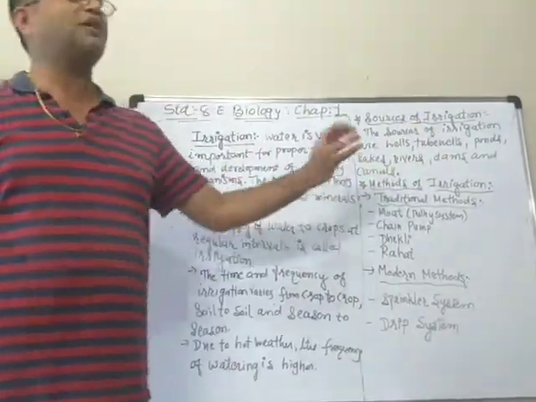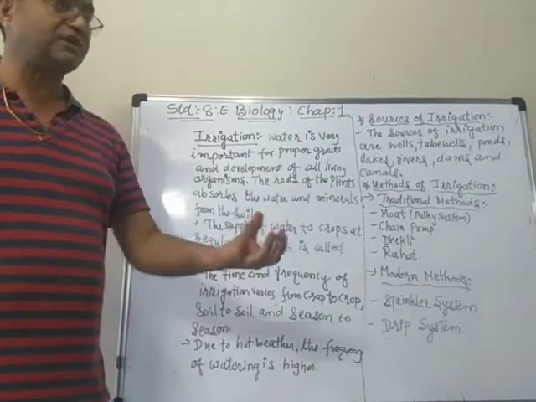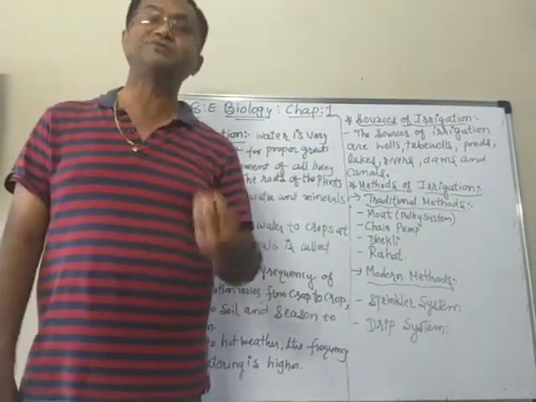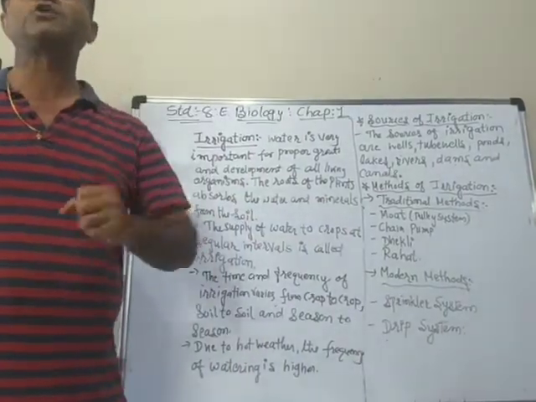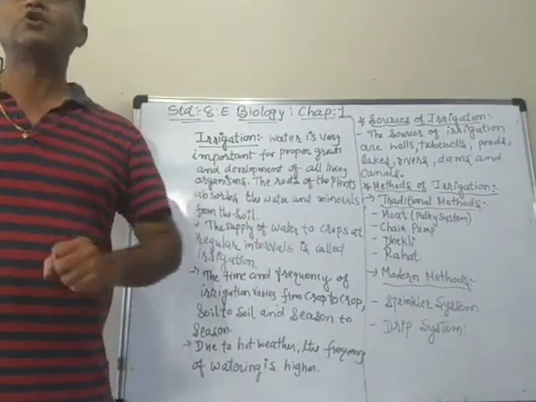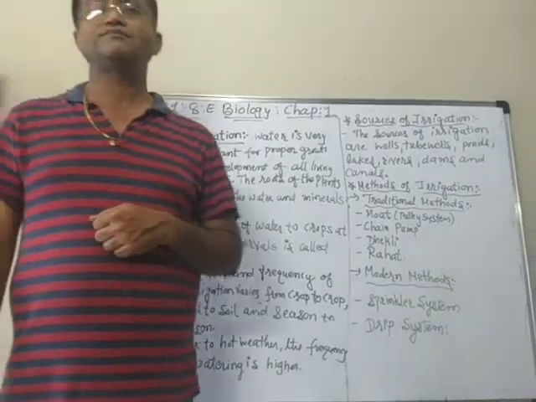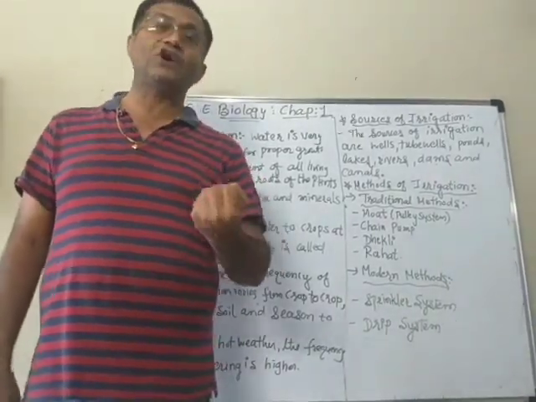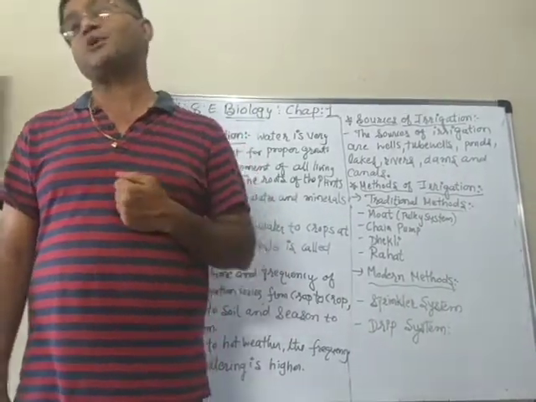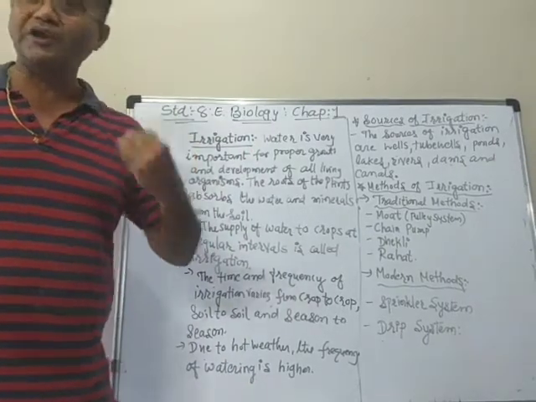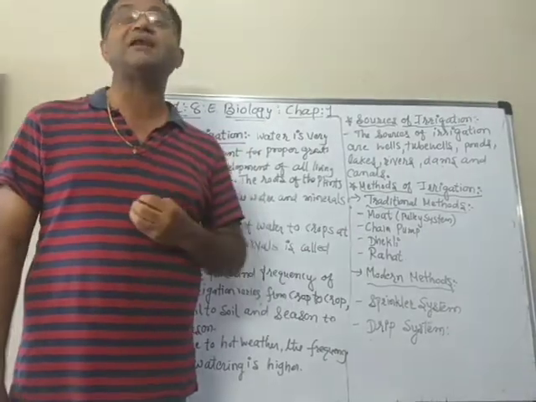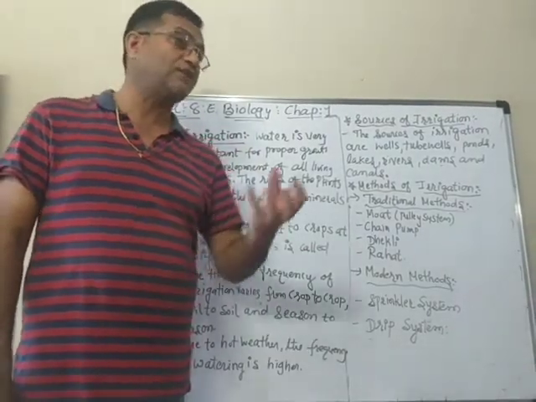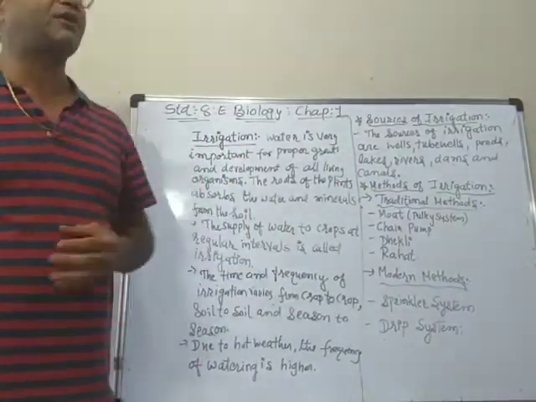Now if we talk about the plants, we know that the plants absorb the water from the soil through their roots. The roots are going inside the soil, and wherever there is water, they can absorb the water. Not only the water, but they also absorb some minerals which are available in the soil.